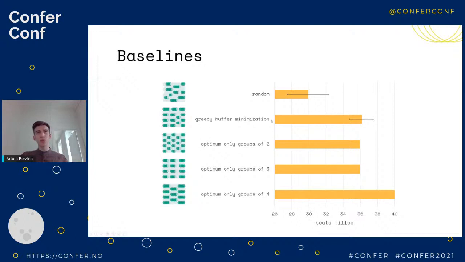If you were a bit more clever about it, and in each step tried to utilize the existing buffers as much as possible and not create any new ones, you would get to about 36. We call this a heuristic. And in the best case, when only groups of 4 come, the optimum is 40. So we hope that our agent is about in this region from 36 to 40.